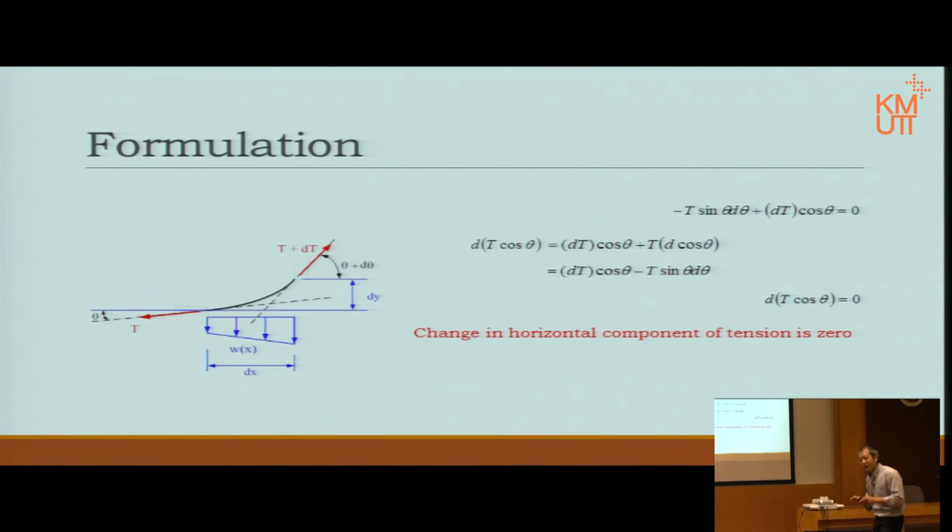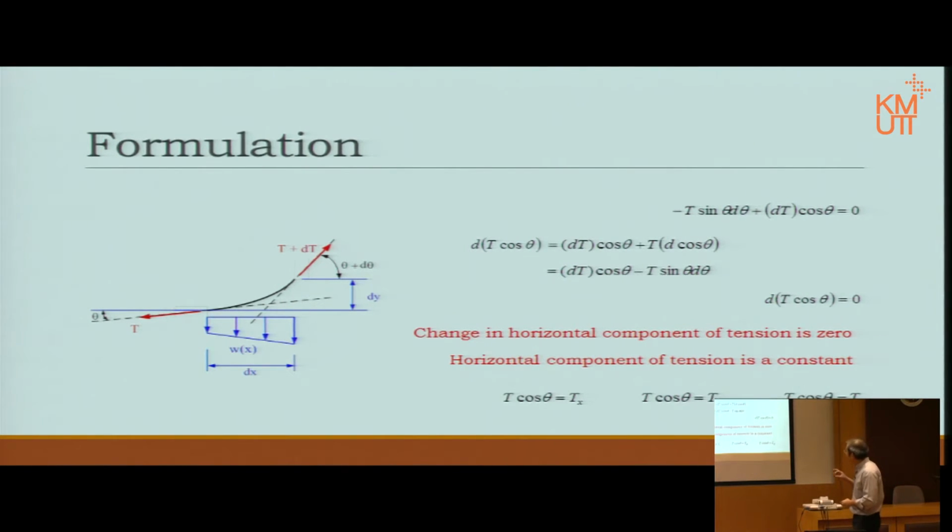So if the change is 0, what does it mean? It means there is no change, it's always the same, meaning the horizontal component of the tension is a constant throughout the whole cable. So that is what that equation means, and we will mark that in the book.